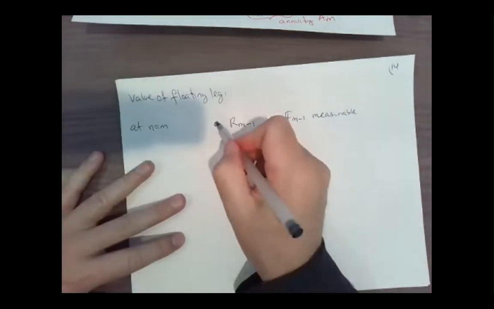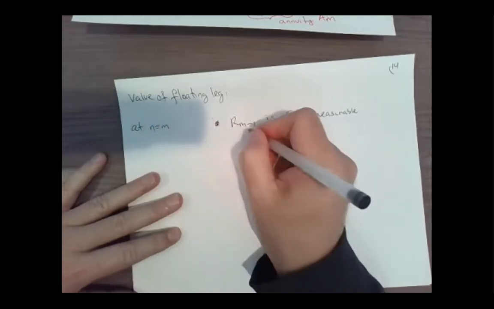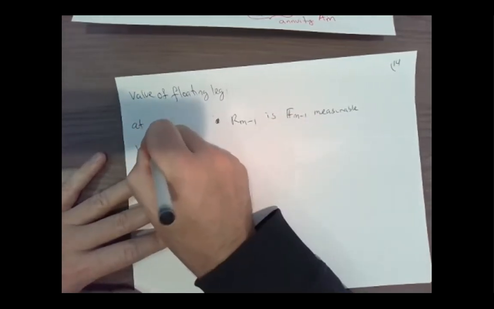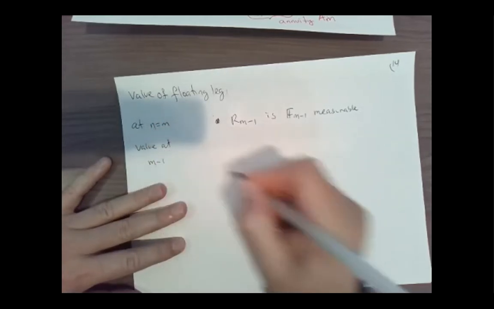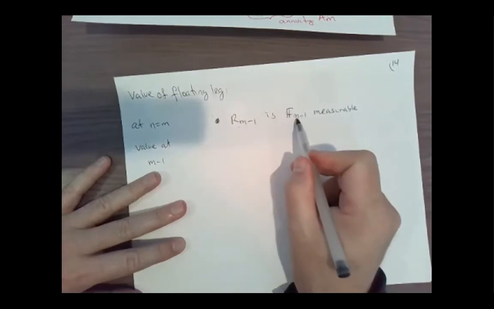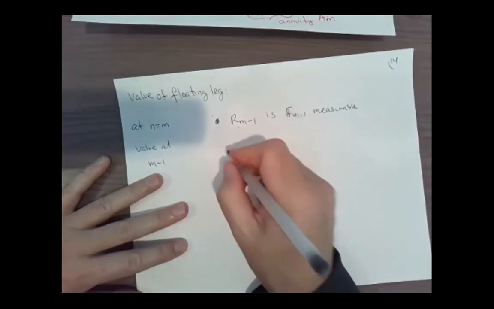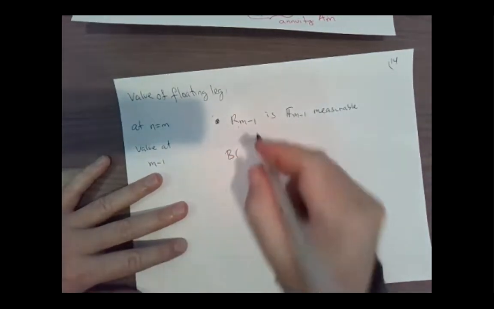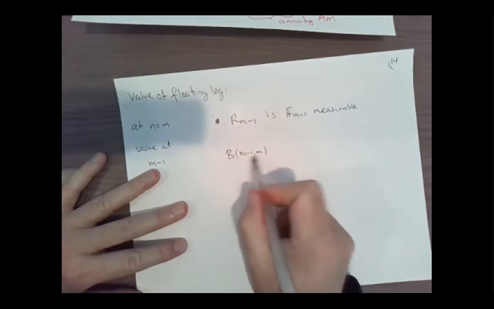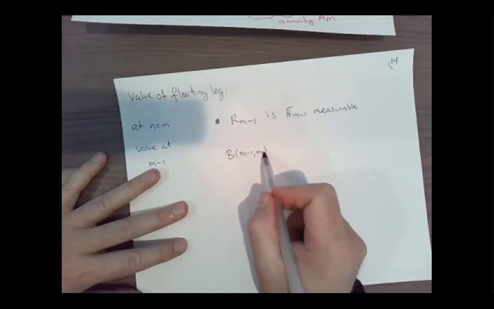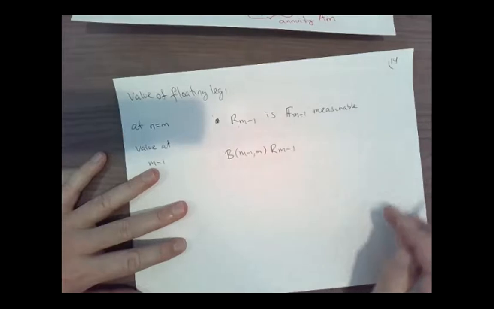So if I'm moving this payment back, that's easy. The value of this thing at an earlier time m minus 1, because it's F_{m-1} measurable, we just multiply it onto a zero coupon bond, and it'll take us back. This is the zero coupon bond that goes from m minus 1 to m. I just multiply it onto R_{m-1}. That's because you have this measurability property.